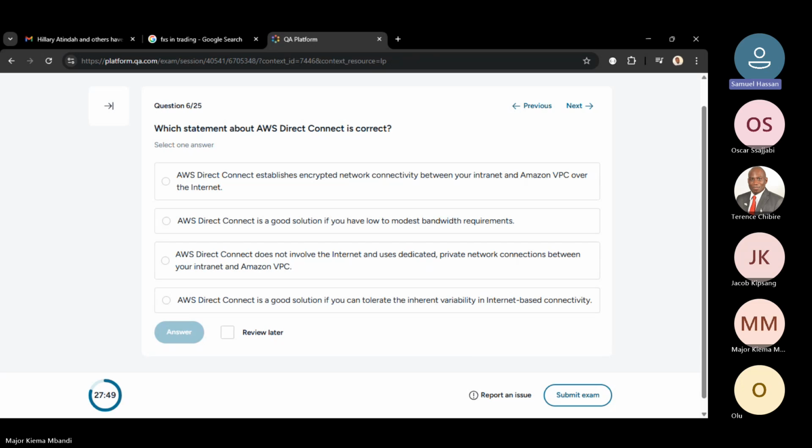B. AWS Direct Connect is a good solution if you have low to modest bandwidth requirements. C. AWS Direct Connect does not involve the internet and uses a dedicated private network connection between your intranet and Amazon VPC. D. AWS Direct Connect is a good solution if you can tolerate inherent variability in internet-based connectivity.